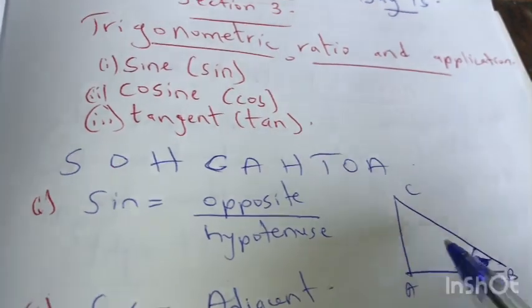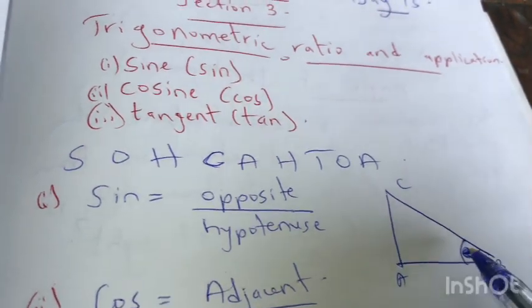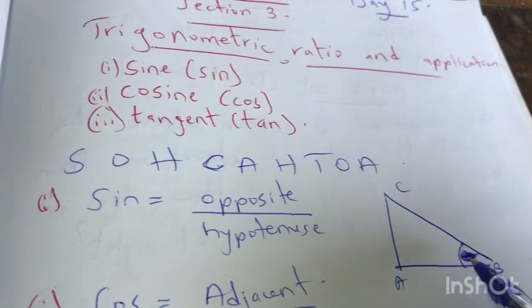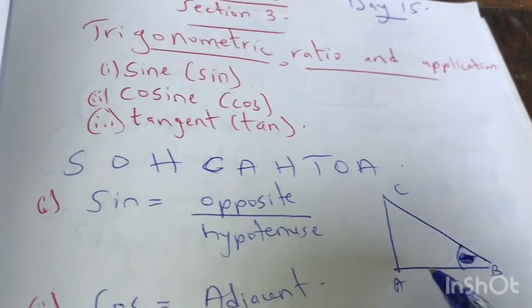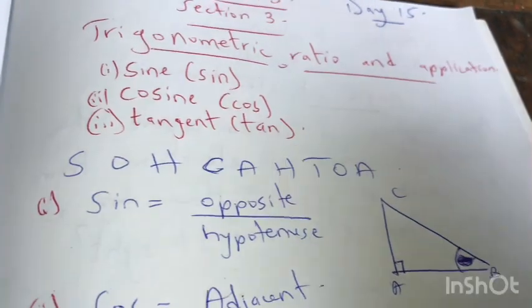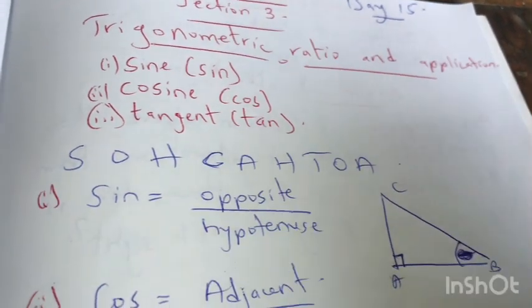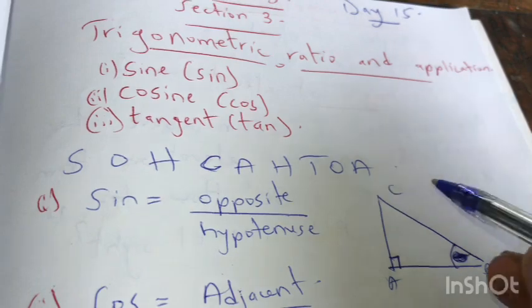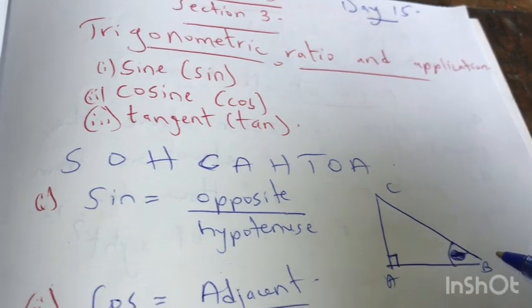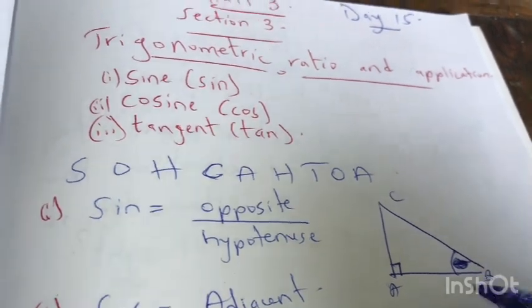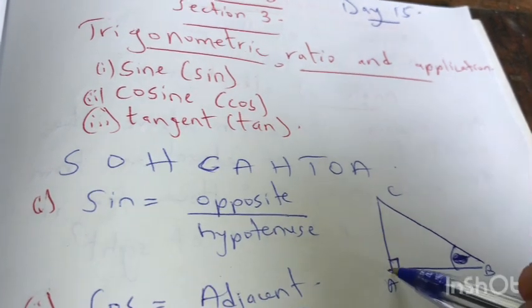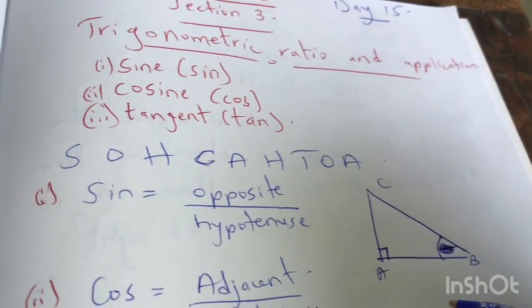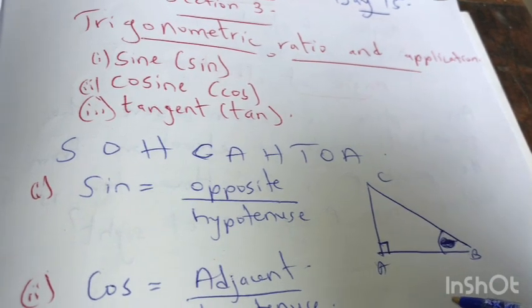So AC is the opposite. The side that faces the right angle, the 90 degrees, is the hypotenuse, so BC is the hypotenuse. The side that is next to the angle you are talking about is the adjacent, so AB is the adjacent. I hope you are getting me.